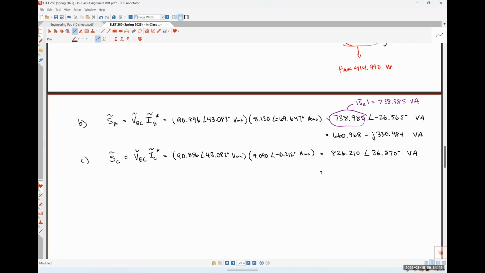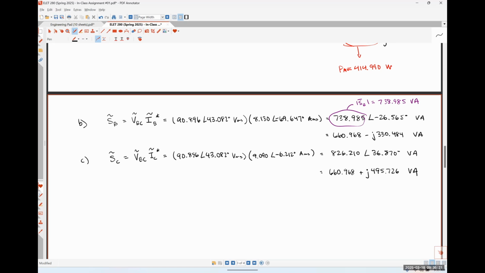And converting that over to rectangular form, I get 660.968 plus j495.726 volt amperes. In part C, we were asked to determine the reactive power absorbed by the impedance ZC.